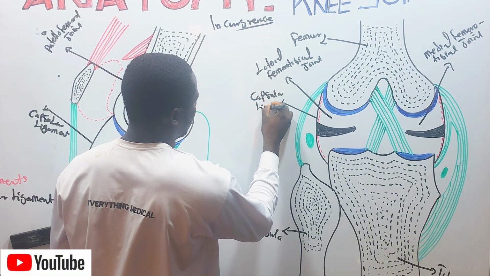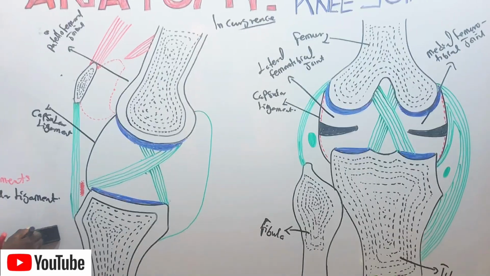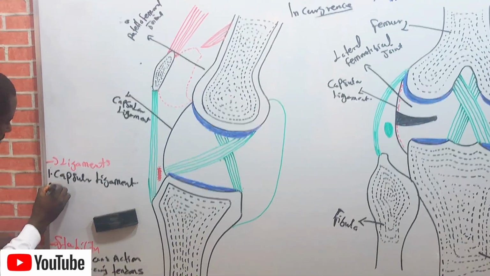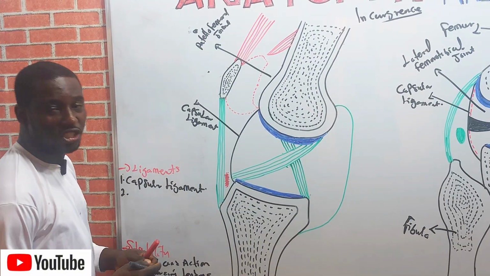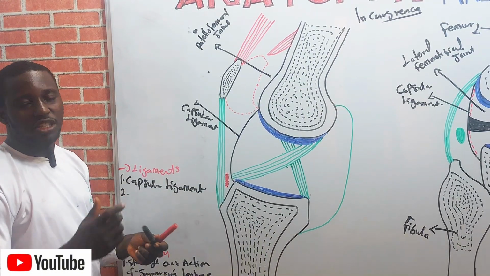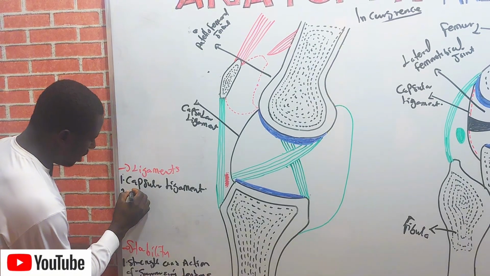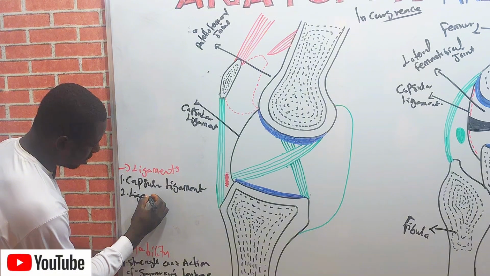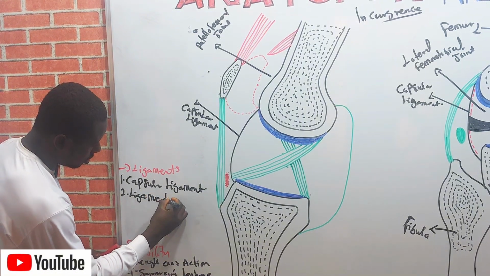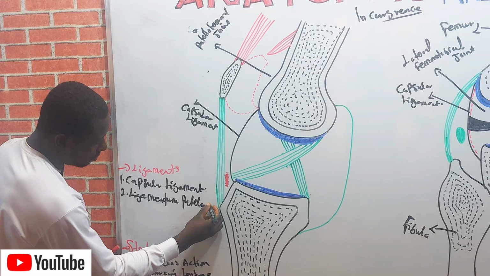Capsular ligament, you get, as the capsular ligament. The number 2 ligament is the ligamentum patellae, which is an insertion of the tendon of the quadriceps femoris. You get the ligamentum patellae.